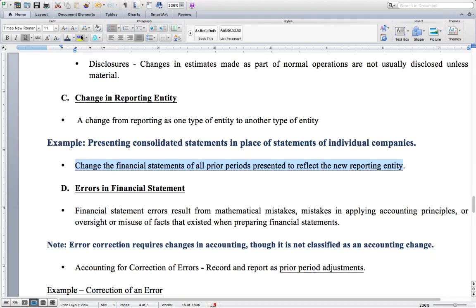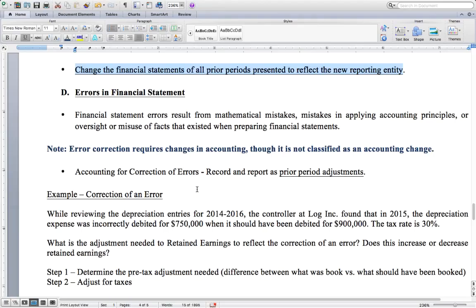So if I was presenting 2 years of financials on my balance sheet and I had reported every company individually, then I consolidated them, I need to show both the current year numbers consolidated and the prior year numbers consolidated, even though the prior year numbers were not shown consolidated previously.